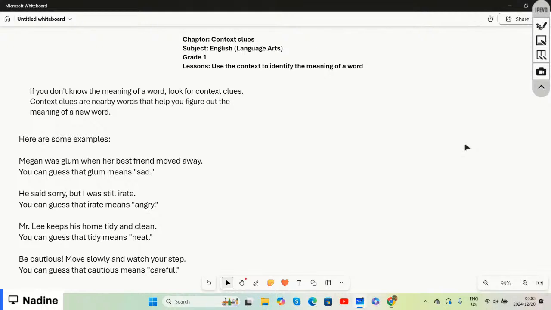Our subject is English Language Arts. We're doing grade 1.